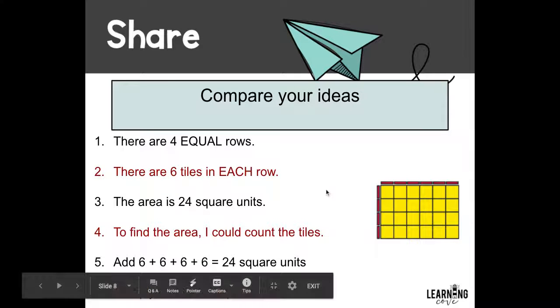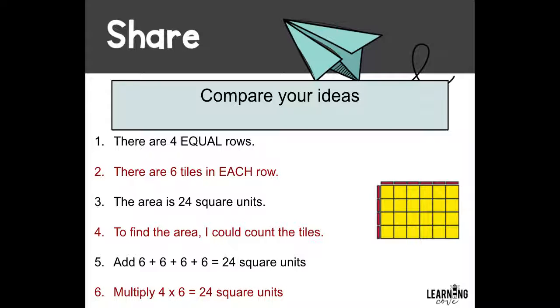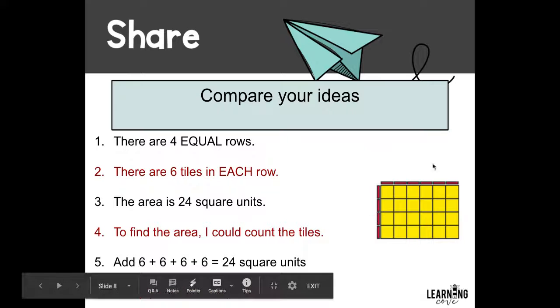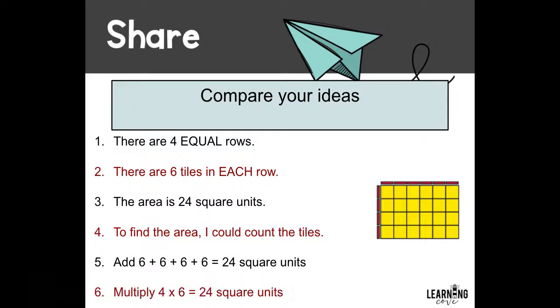To find the area, I could do one of 3 things. 1, I can count the tiles. 2, I can add. I can add 6 plus 6 plus 6 plus, you guessed it, 6 equals 24 square units. Or I can multiply 4 times 6, which equals 24 square units.